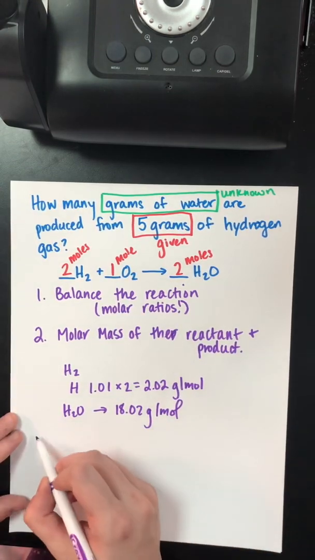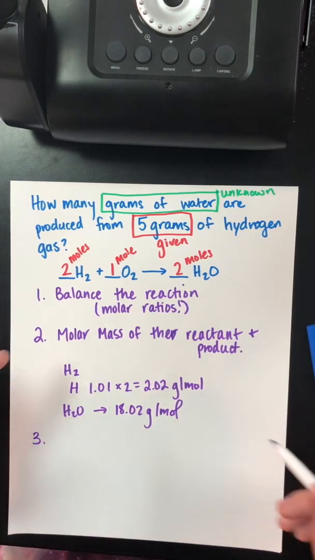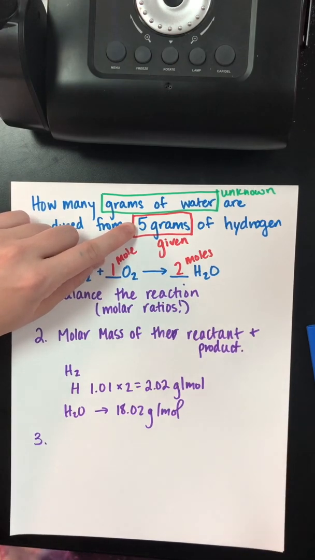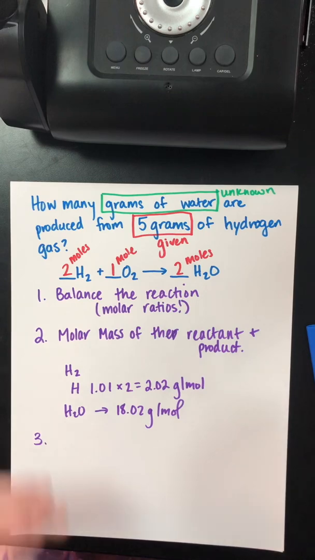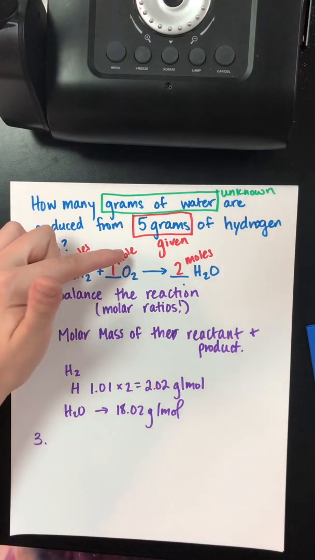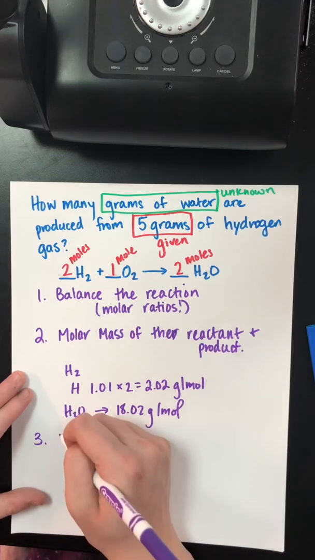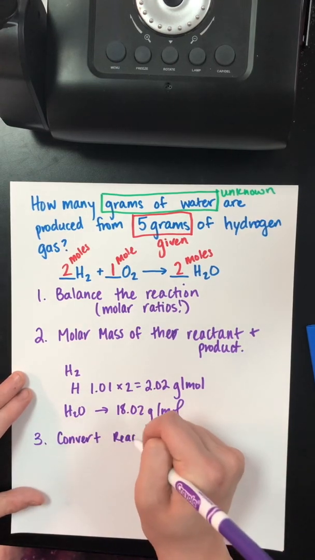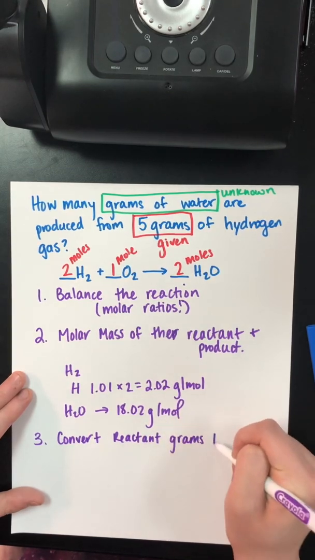The third step to solving a problem like this is we have to convert our grams of reactant into moles. That is the universal language of chemistry. We can't go straight from grams of one substance to grams of another. So our third step will be convert reactant grams to moles.